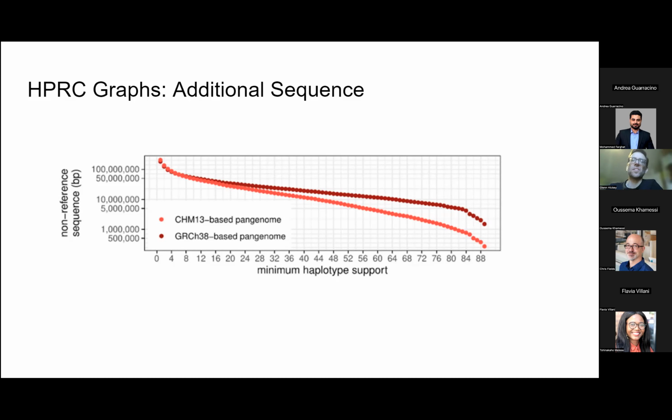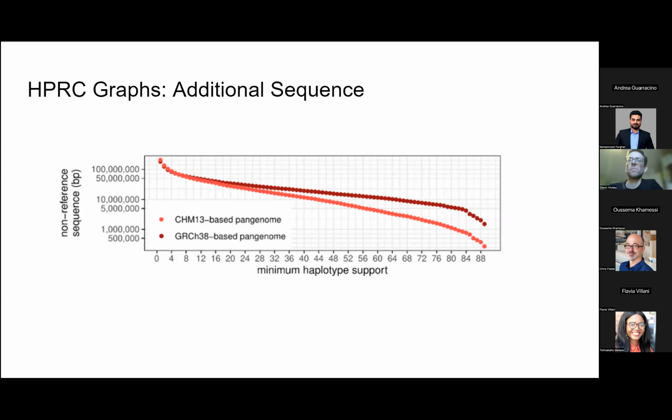So the short story is that in our 44 samples, we found about 100 megabases of sequence that wasn't in the reference. A lot of it was fairly common. If you look in the middle of my plot, there's about 10 megabases that's in half the samples that's not in the reference.